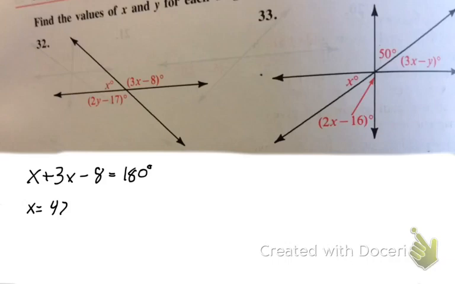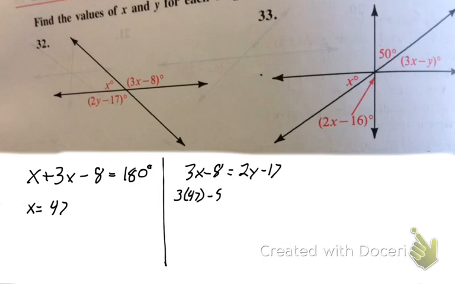Let's just set it up. We'll see what happens. All right, so we know that 3x minus 8 is going to equal 2y minus 17 because of vertical angles. We plug that 47 in for that x, so I'd have 3 times 47 minus 8. Oh, I did 18. That's why. I wrote it down.